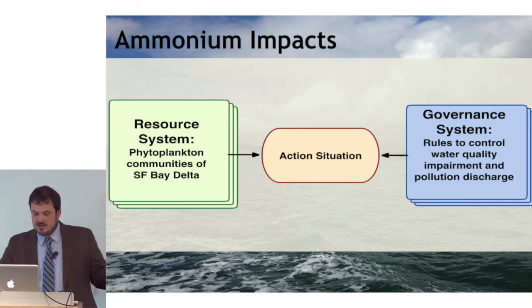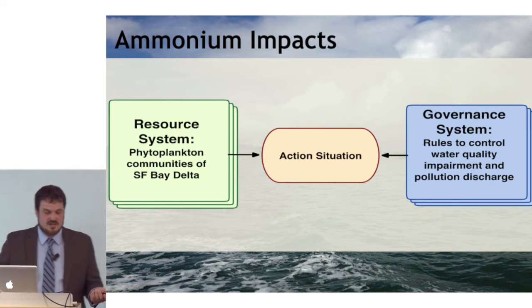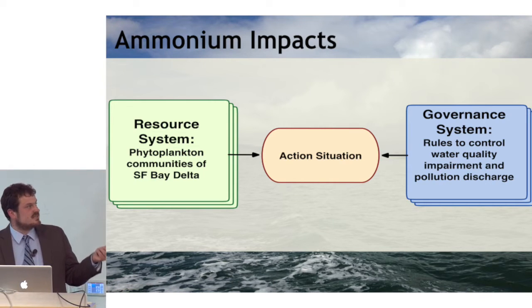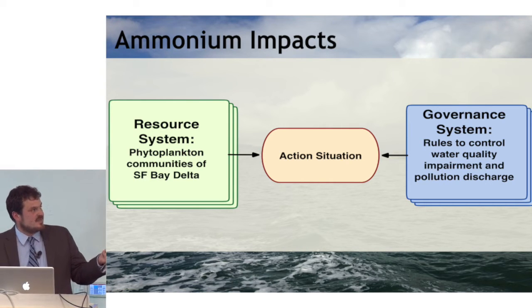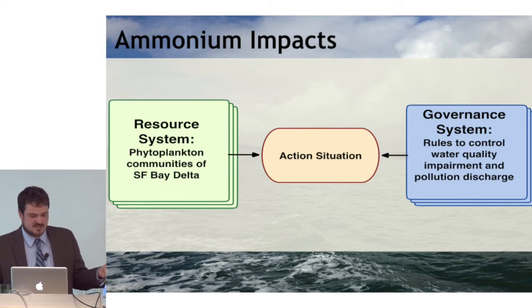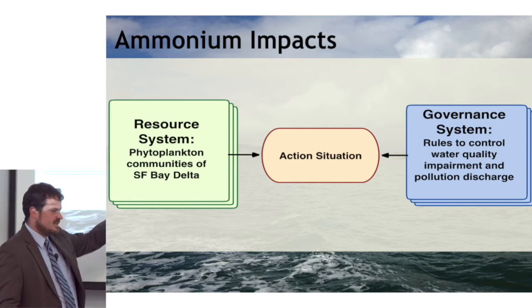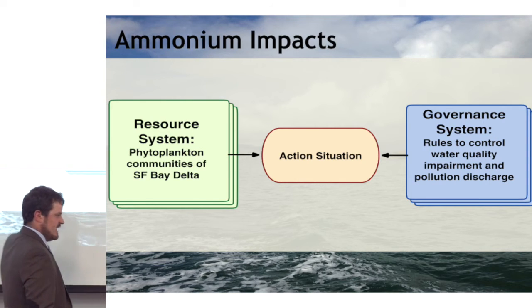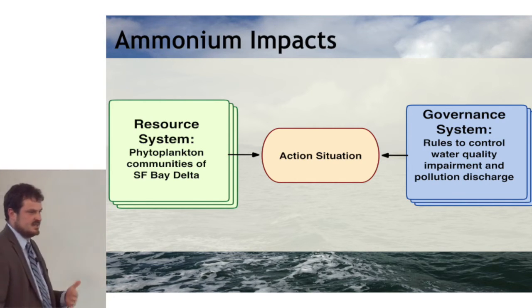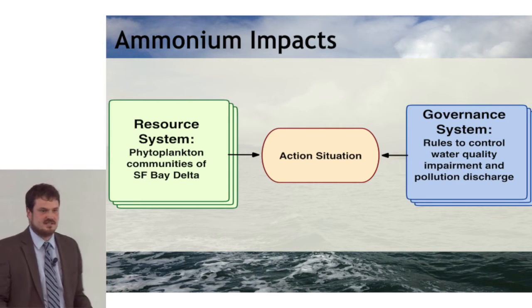So if we go back to our original theoretical framework, here what we're talking about are the dynamics of the resource system and their relationship to rules to control water quality impairment and pollution discharge. And in the previous two chapters that I talked to you about, I was really interested in understanding the middle ground here, right? And in assessing the action situation of an environmental impact statement.